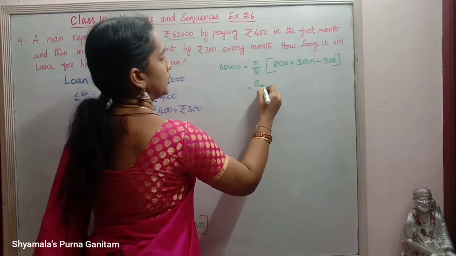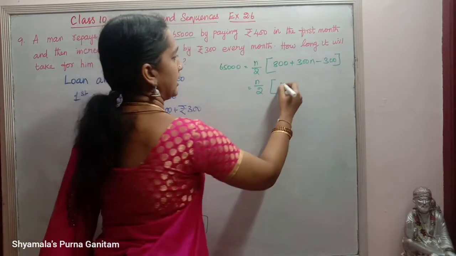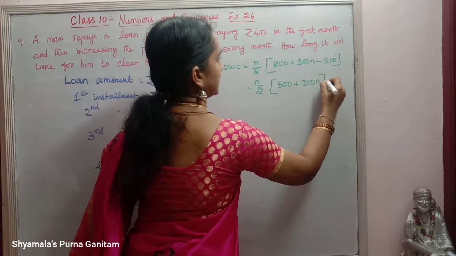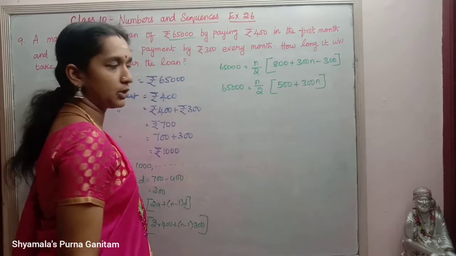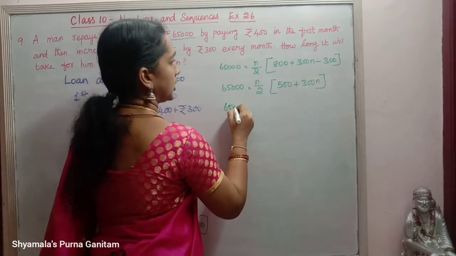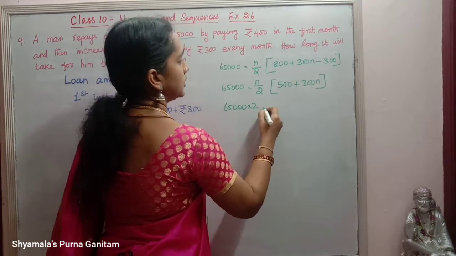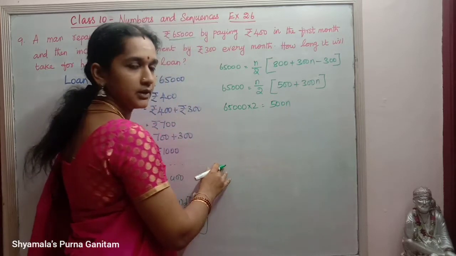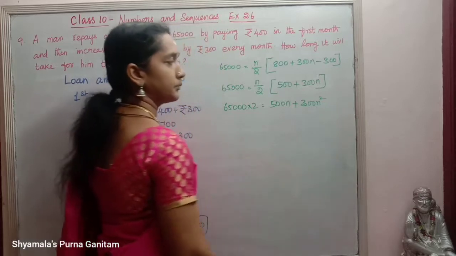So this is equal to N by 2 into 800 minus 300 is 500, so 500 plus 300 N. Here left hand side 65,000 into 2 is equal to 500 N plus 300 N squared.